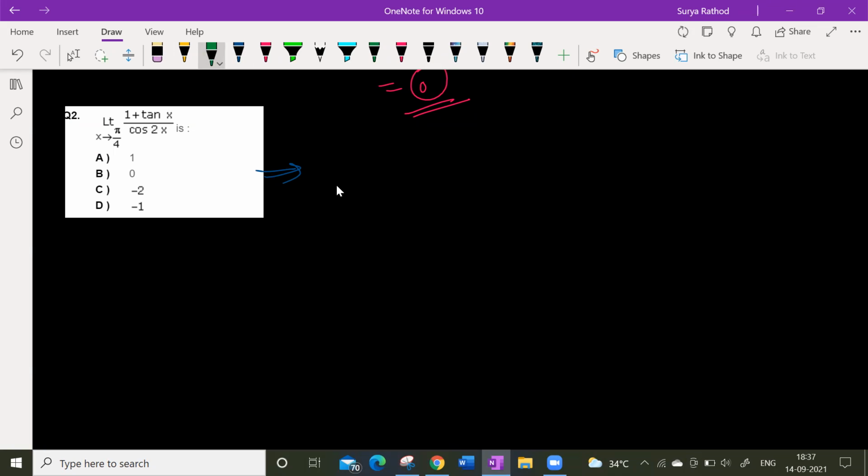Very good. The first and foremost step is to substitute the value of x. So 1 plus tan pi by 4 over cos 2 pi by 4. 1 plus tan pi by 4: tan 45 is 1 only, right?